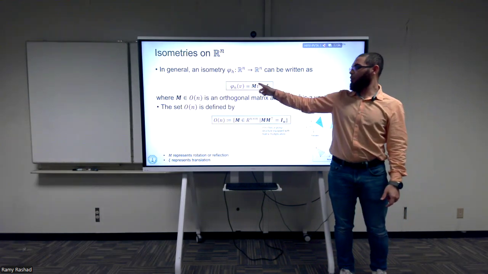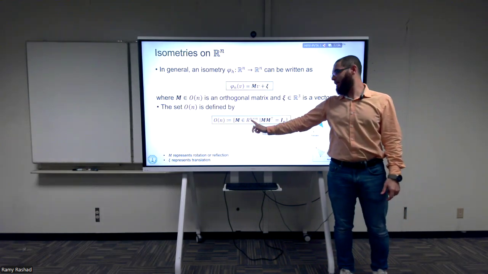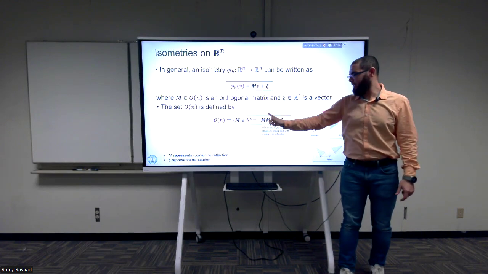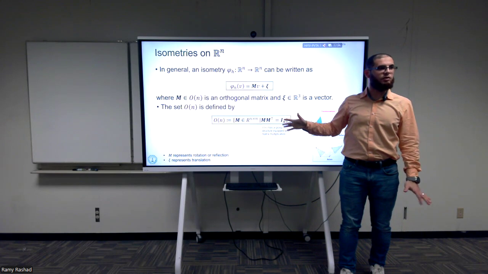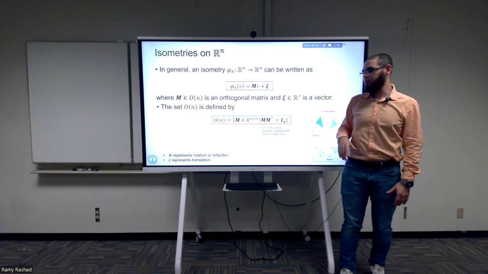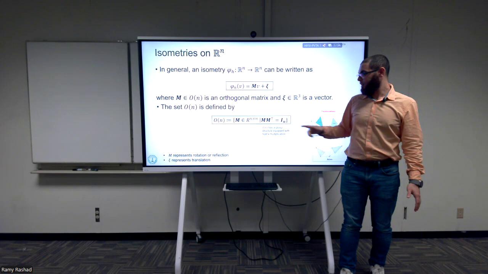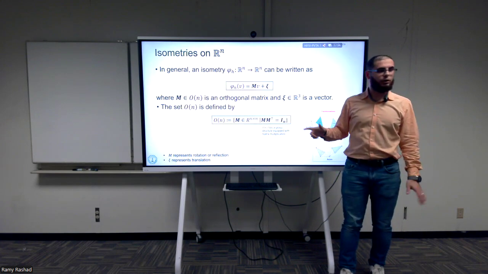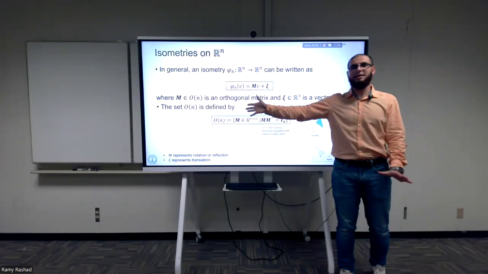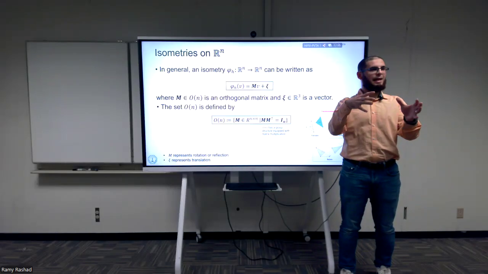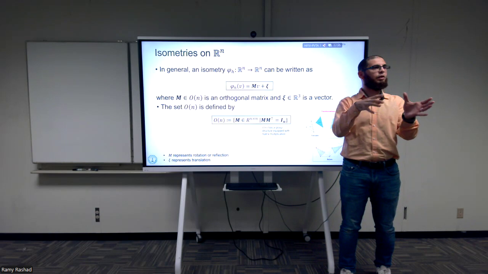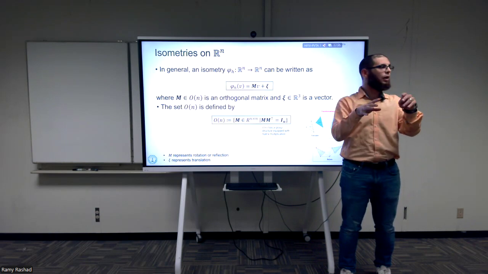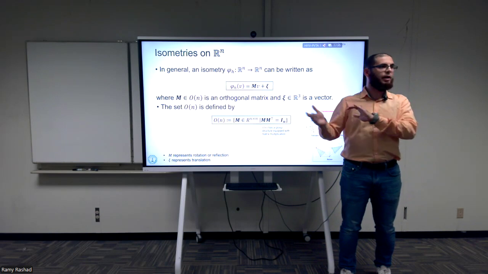The set of all n by n matrices that are orthogonal, that satisfy this condition, of course sounds familiar from the assignment that you should all have submitted by now. This is called the orthogonal group. It's a set, and this is its definition. When we multiply two n by n matrices, we get an n by n matrix.